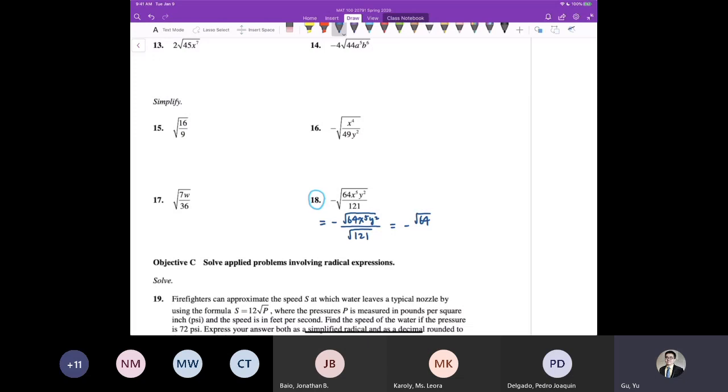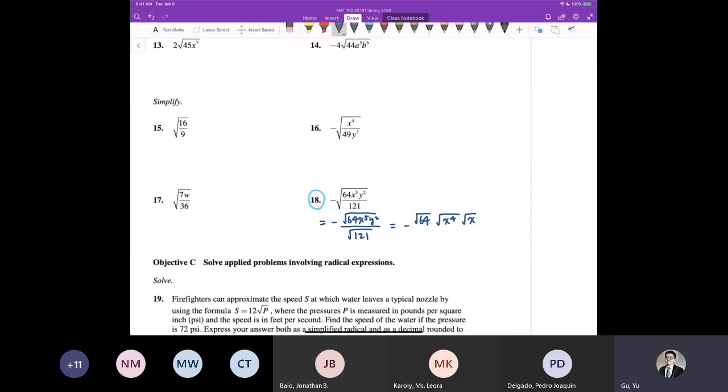X to the 5th, I will break into x to the 4th and x. So you break it into an even exponent and whatever's left. The biggest even number less than 5 is 4, so that's why you have x to the 4th, and then the remaining will be x, because x to the 4th times x is x to the 5th.